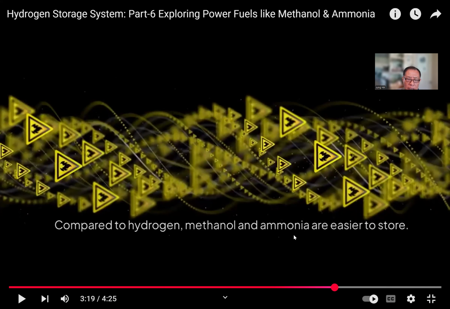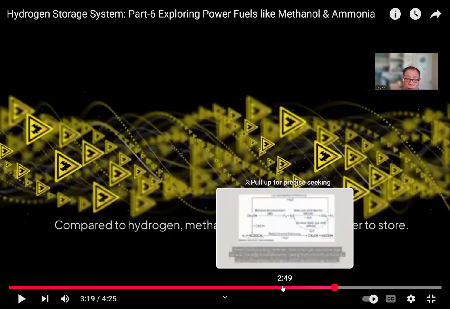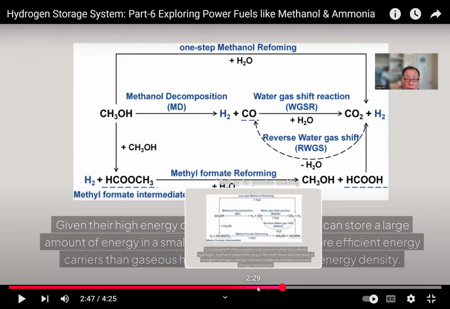But as you can see, ammonia has to be, this is methanol.